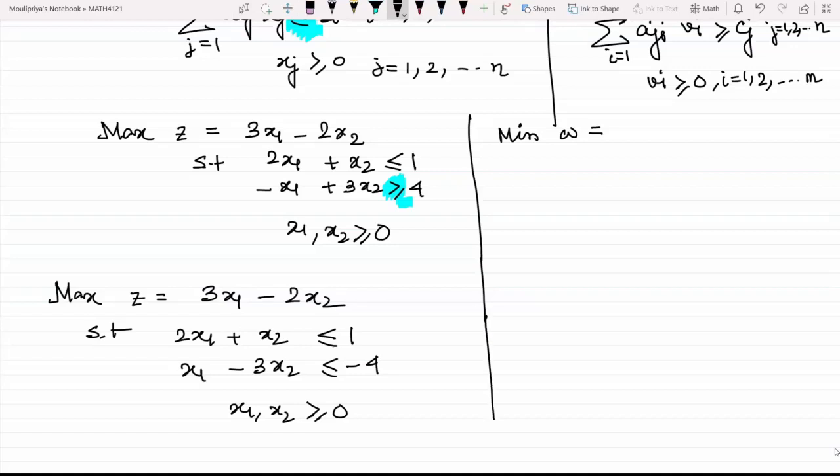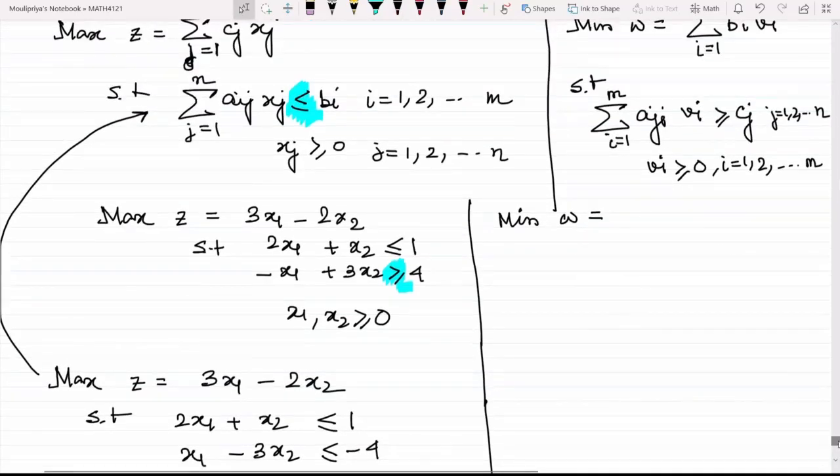That implies this problem is actually in the format that is specified. Now, if I am to figure out the corresponding dual, that is the minimization type problem, it would be, according to the rule, minimize W equal to the right hand side constants, that is 1 into V1 minus 4 into V2. Am I correct with this?